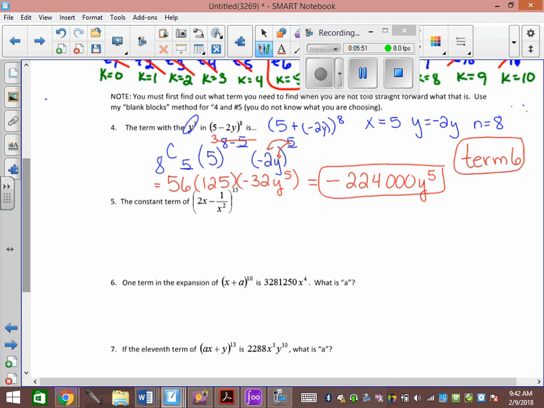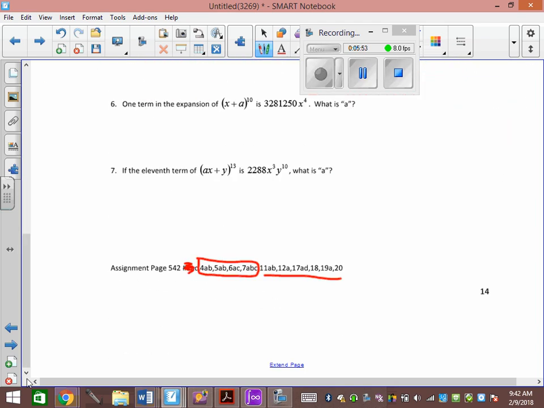For example, don't write this down, just pay attention. If I gave you 2x squared plus 3x plus 7, this is function notation. We would have f of x equals this, correct? Now, if I fill in any value for x, what term is not changing? The 7, right?